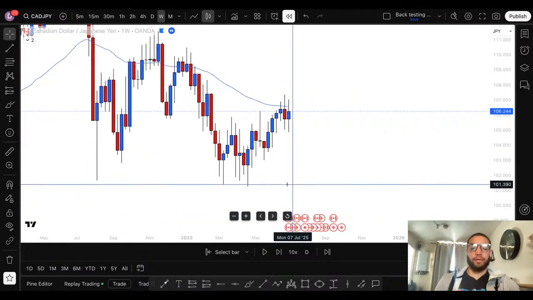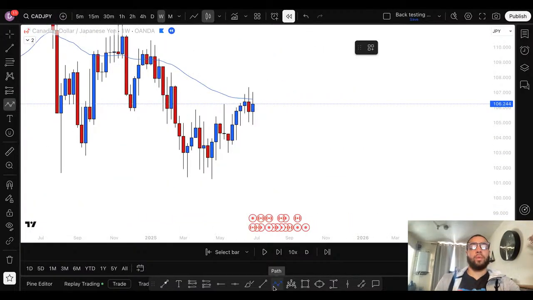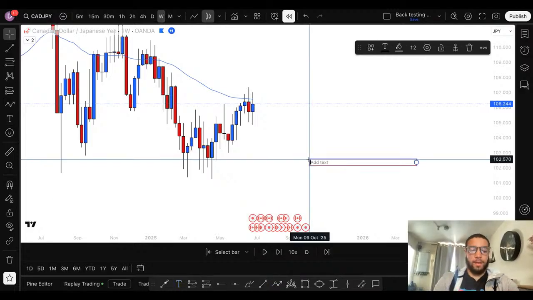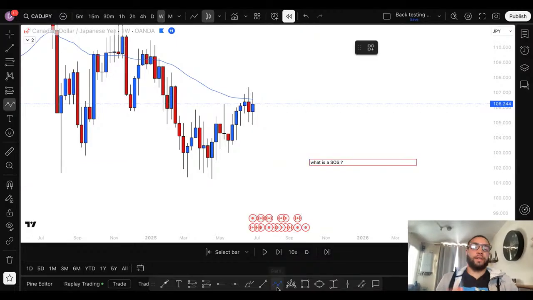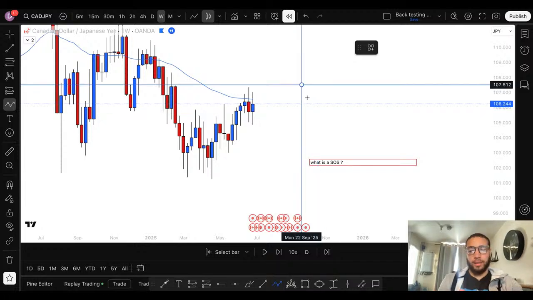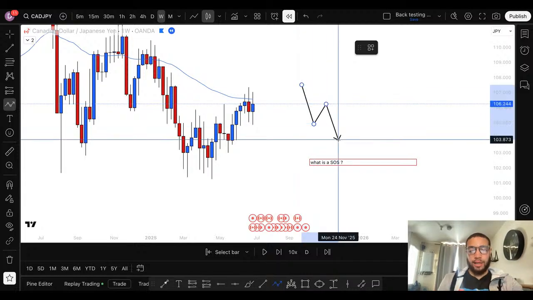So, diving in, right? A shift of structure. Question 1, what is a shift of structure? A shift of structure is a point in time when a market, in a bearish example, has created a lower low.